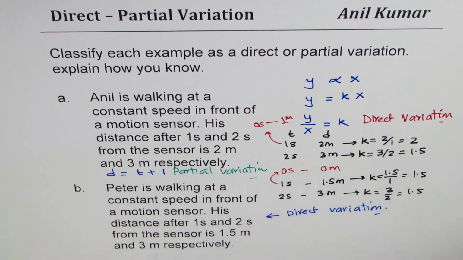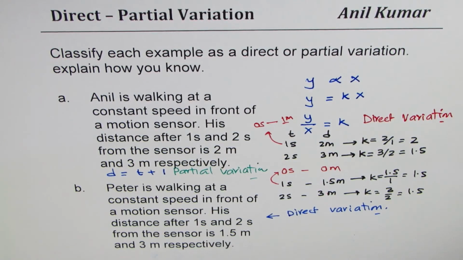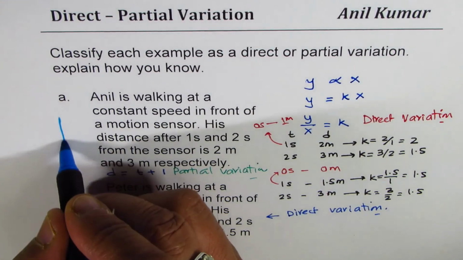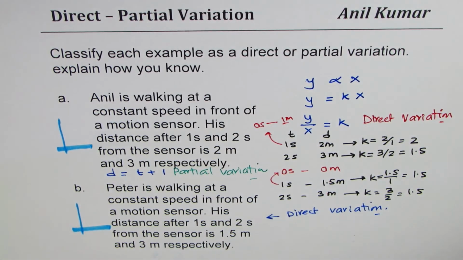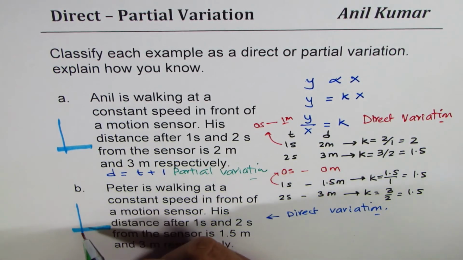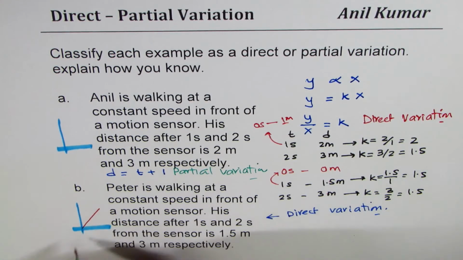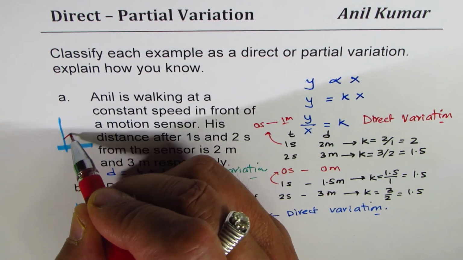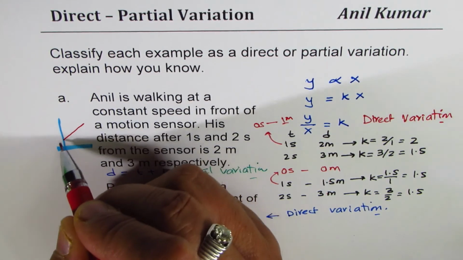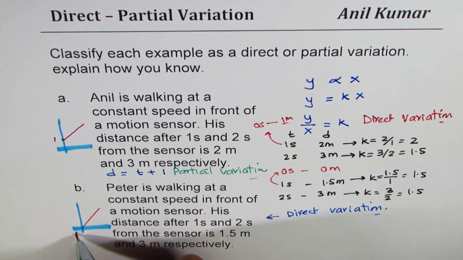So I hope now it is absolutely clear. If you graph this situation and this situation, here the slope is 1.5, correct? Here the slope is 1, but starts at 1. This starts at 1, this starts at 0.